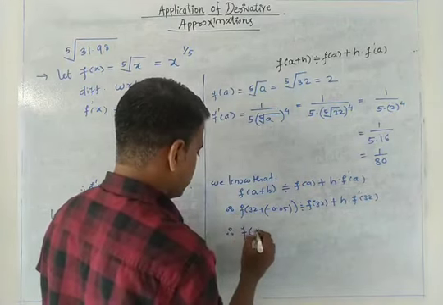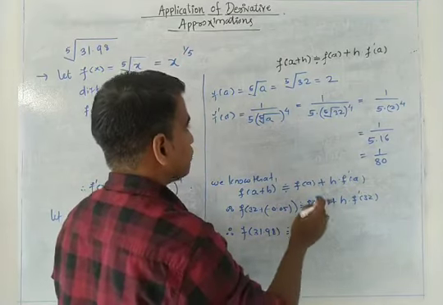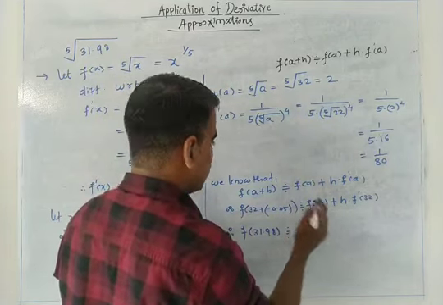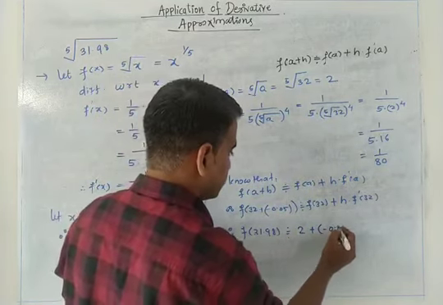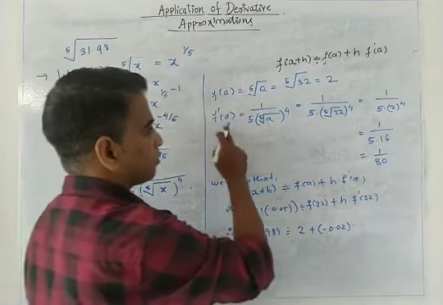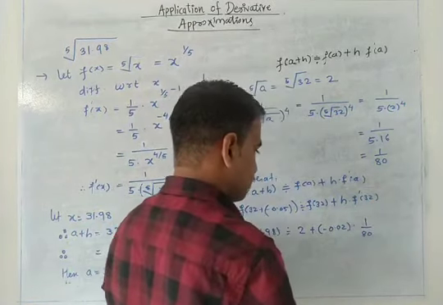Therefore, f of 31.98 is equal to f of 32, that is 2, plus value of h, minus 0.02, into, now value of f dash of 32. f dash of 32 is what? 1 by 80. Clear?